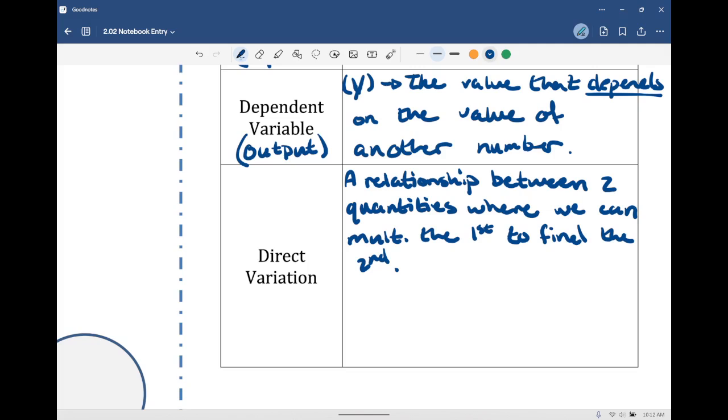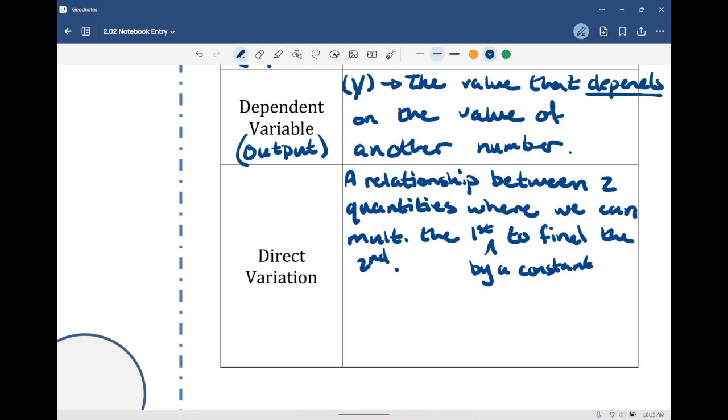It's a relationship between two quantities where we can always multiply the first by a constant to find the second.